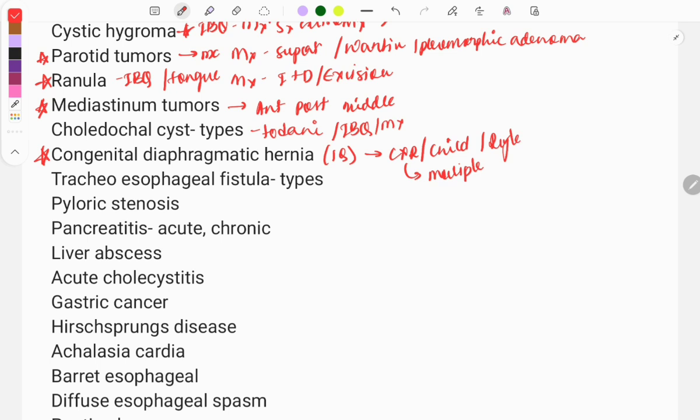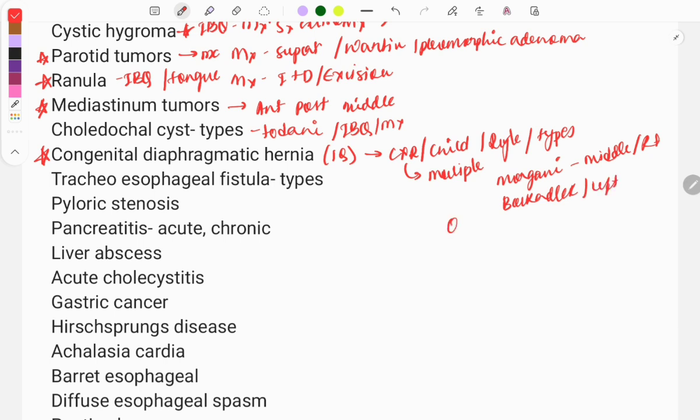So these were some points describing the congenital diaphragmatic hernia, and also there are the types. The Bochdalek hernia and the Morgagni hernia. Look at the differentiating points of these also, that the Morgagni is mostly present in the middle or slightly towards the right side, and the Bochdalek is present towards the left side.